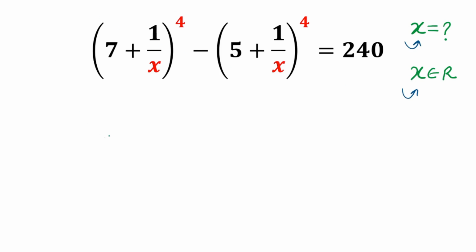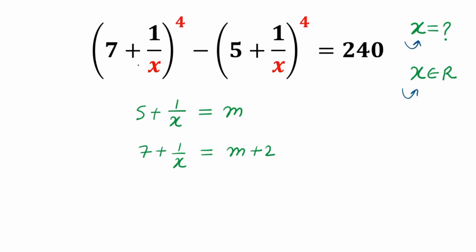In this question we will apply substitution. If we substitute 5 + 1/x = m, and add 2 to both sides, then 7 + 1/x = m + 2.